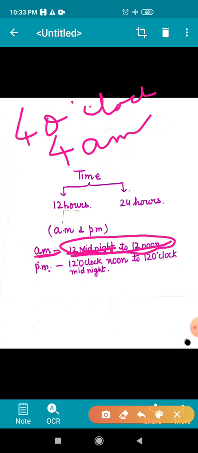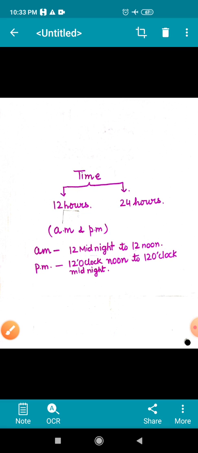And children, the time after 12 o'clock noon till 12 o'clock midnight is represented in PM. For example, if you play at 4 o'clock, it means you play at 4 PM. Okay, children, hope you all have understood the concept of AM and PM.